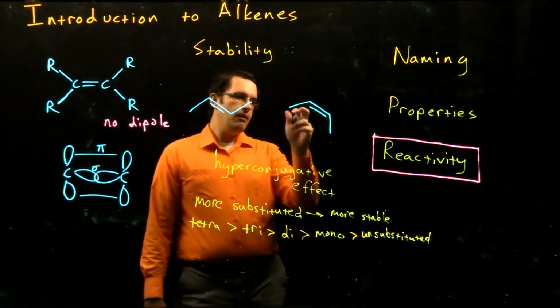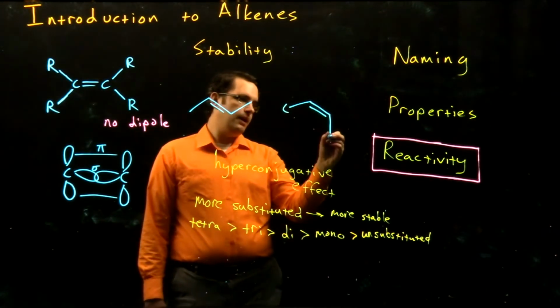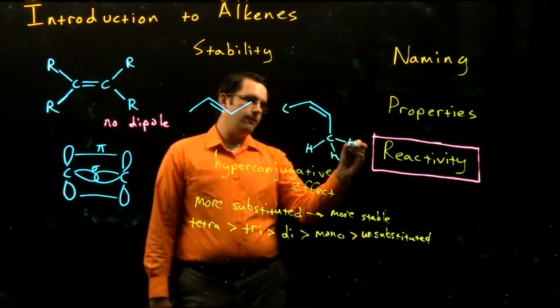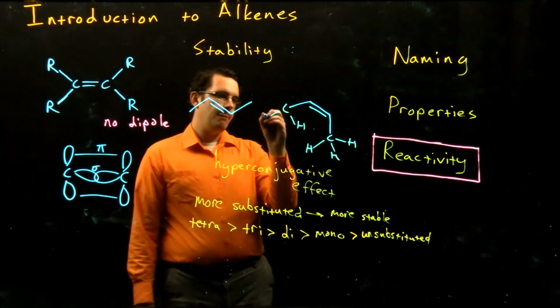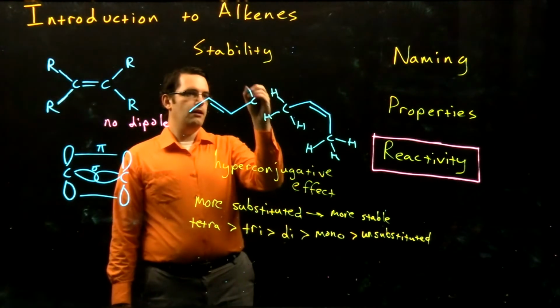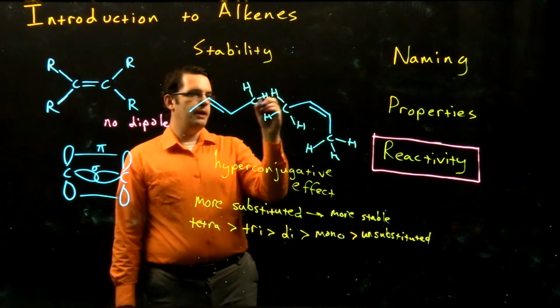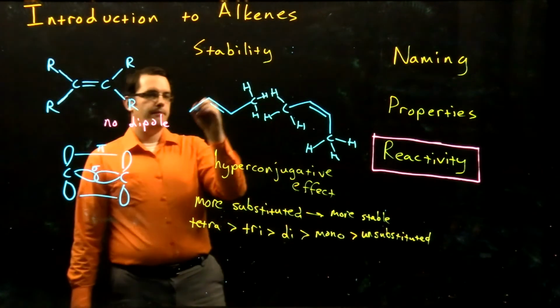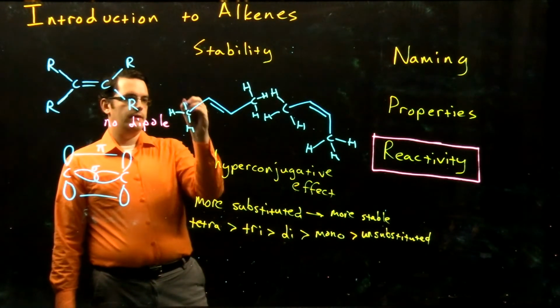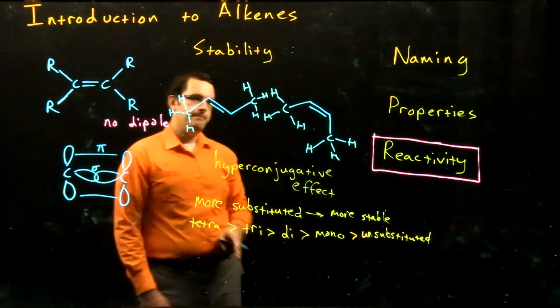So when we compare our two diastereomers, on this end we have our two carbons, which will each have their hydrogens. And we can draw in our carbons over here for our trans diastereomer. So we draw in those two carbons at the end.